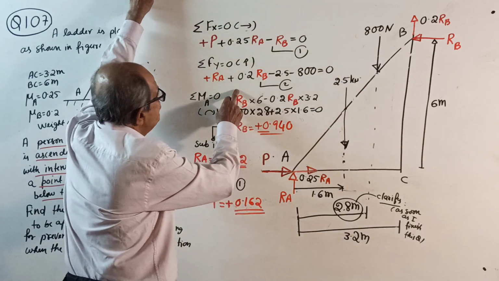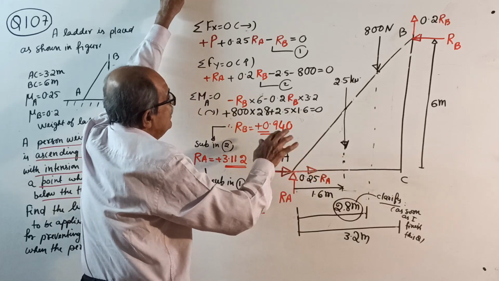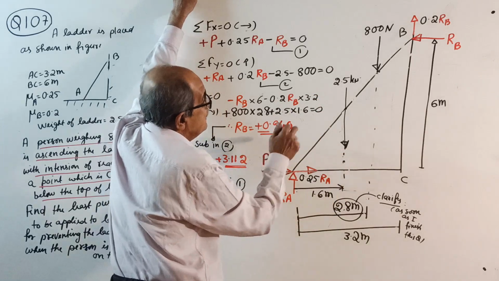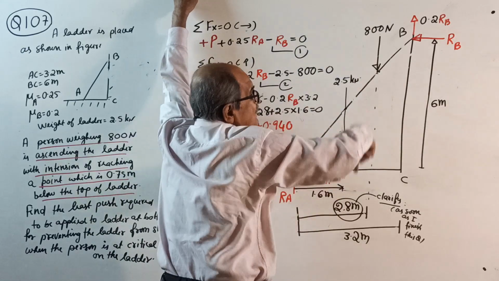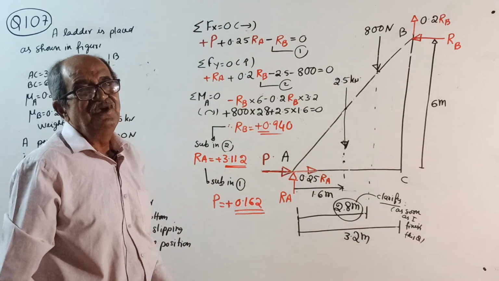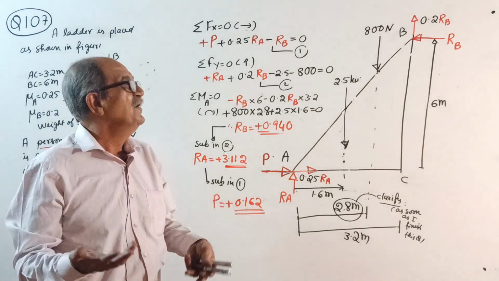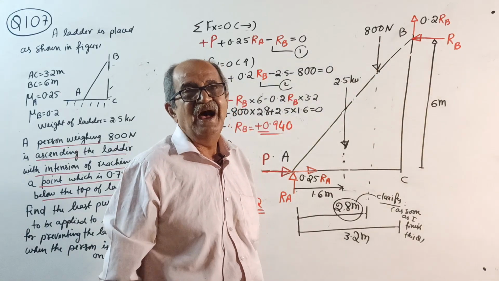Then I want to tell you, sigma Fx equals 0 all over. When you do sigma Fy equals 0, I would have told you plus Ra plus 0.2 Rb minus 2.5 minus 800 equal to 0. So many people will be laughing: this person does not know units. One he takes in kilonewton, one he takes in Newton, takes as it is.